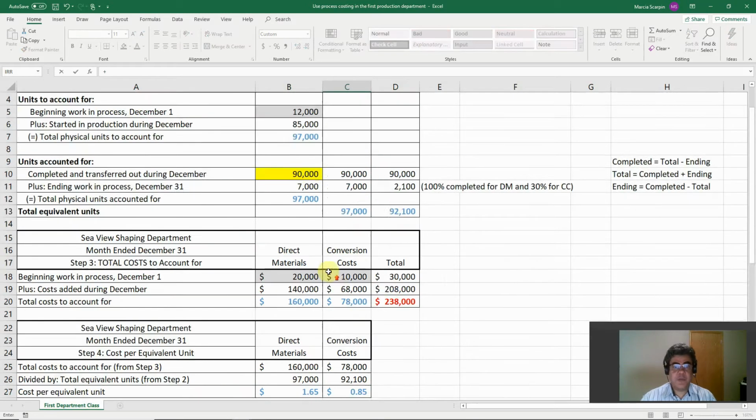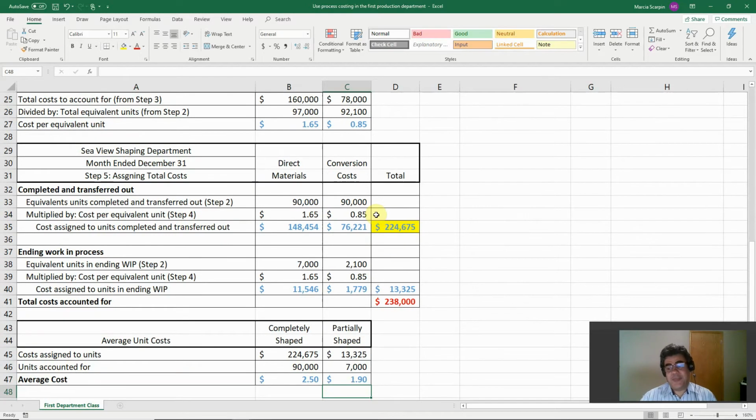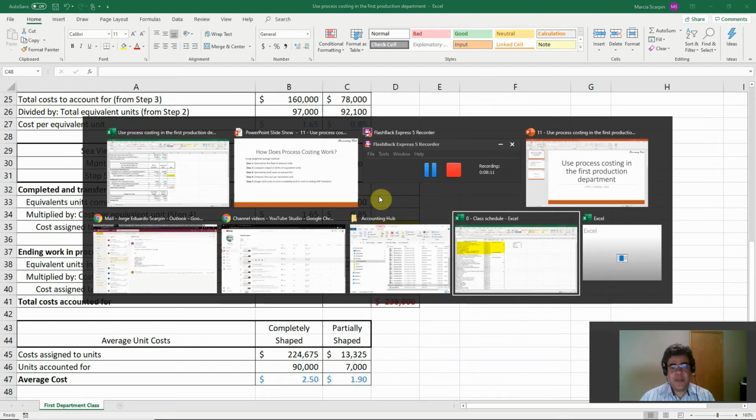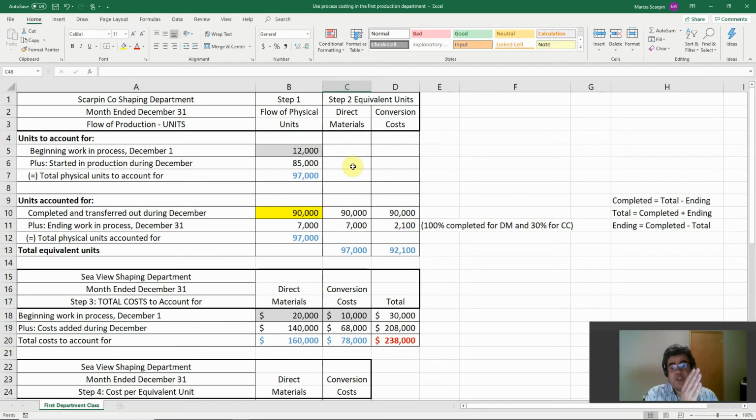Partially completed, 7,000 units, and our cost per unit is 1.90. So we still need to add 60 cents to these partially completed products to be completed. Okay, guys, so this is how we work with the first department. And here, we haven't received anything from the previous department because we don't have a previous department. So that is why we have this started introduction.